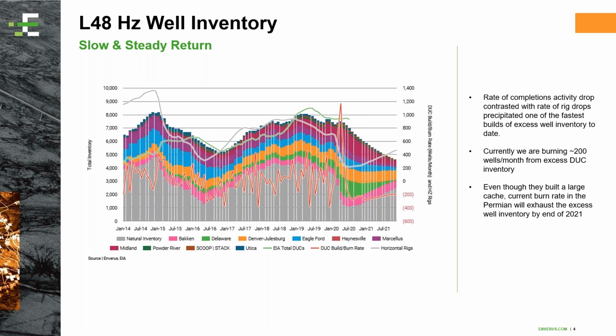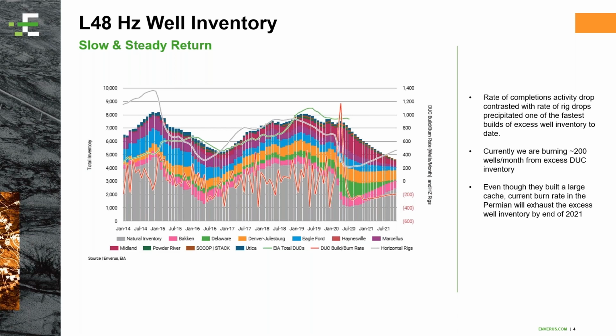So the point that I'm trying to make is that we did build up our excess DUC inventory very, very quickly. However, we have transitioned into a DUC burning regime. We're now burning about 200 wells or so per month. Starting in July, we started to burn wells out of the DUC inventory, and even though we built up this very large excess DUC inventory, our natural inventory is low due to the number of rigs that are running.